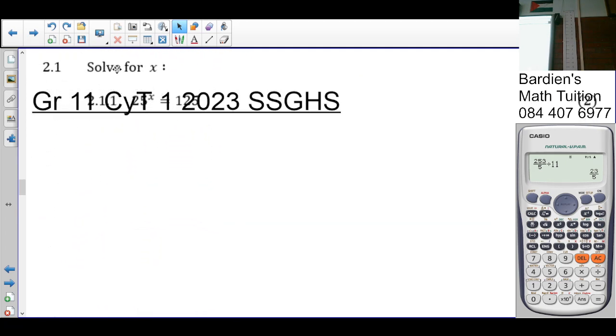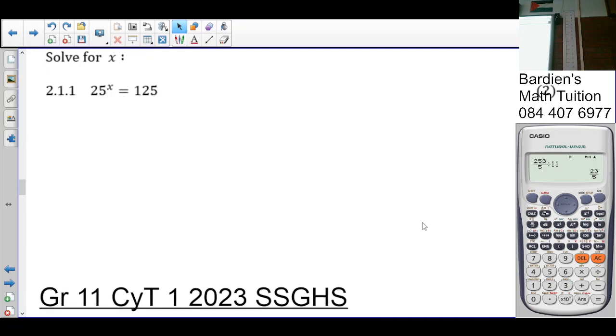People, in question 2, 2.1, it says solve for x. So this is your exponential equation. The idea is to get the bases the same for the exponents to be equal.